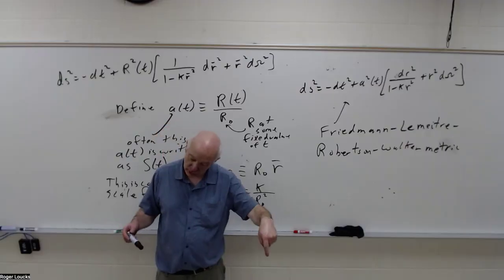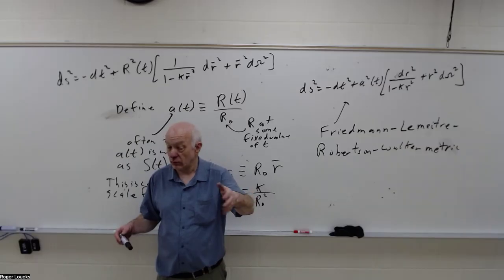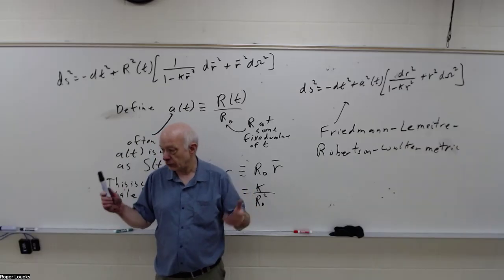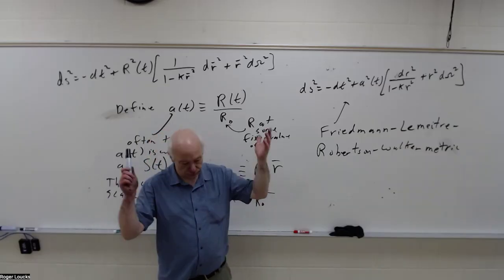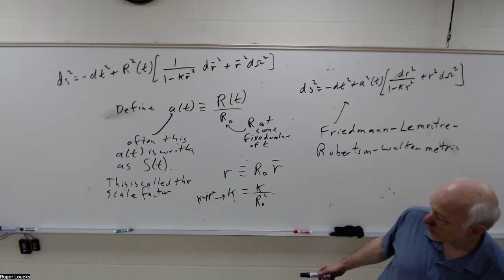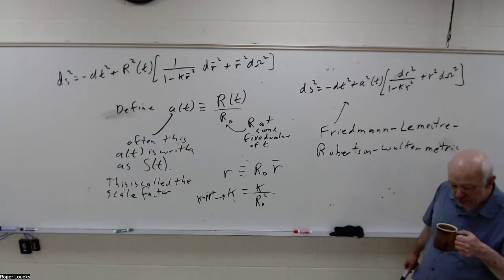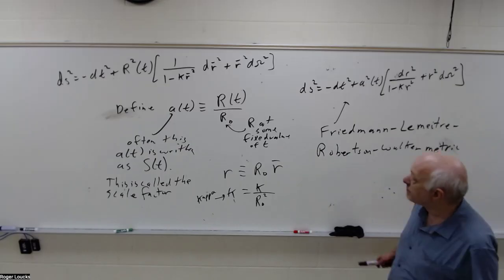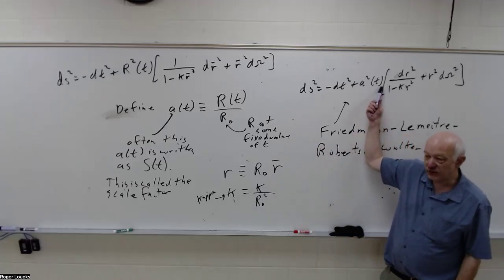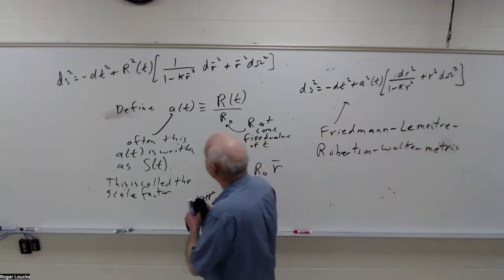So there was actually a prediction done by Lemaitre, and then not shortly after that, Hubble came up with his observations that the universe was expanding, and Lemaitre was right. Questions to this? Okay, so what we're going to do is we're going to be using these equations, this metric here, to basically get a lot of our results. That makes sense? Okay, let's do a little bit more.